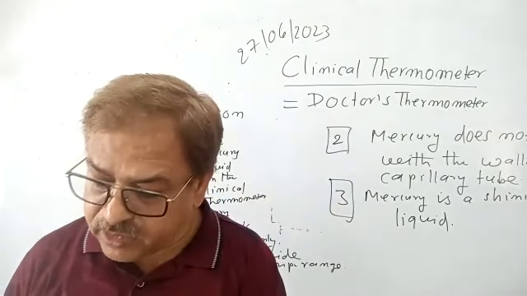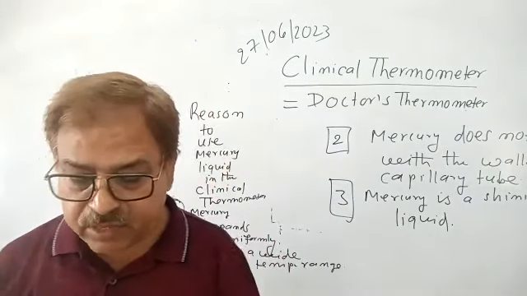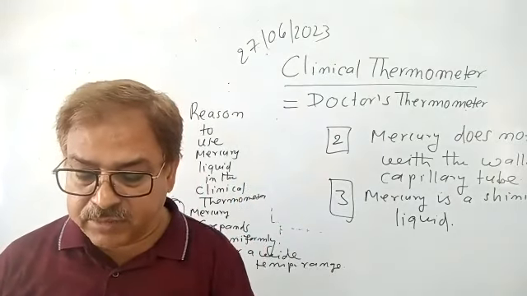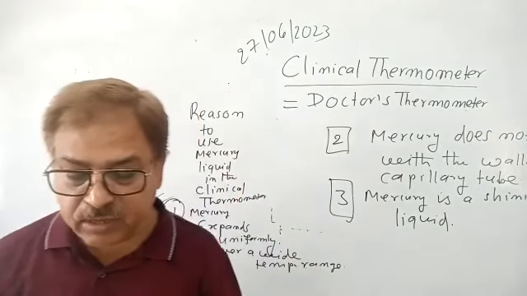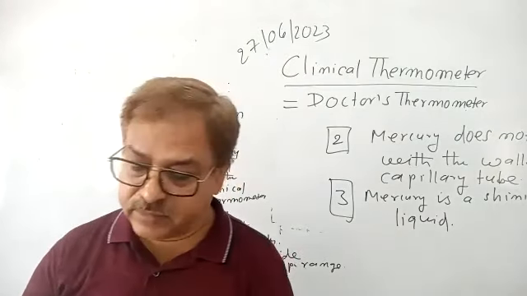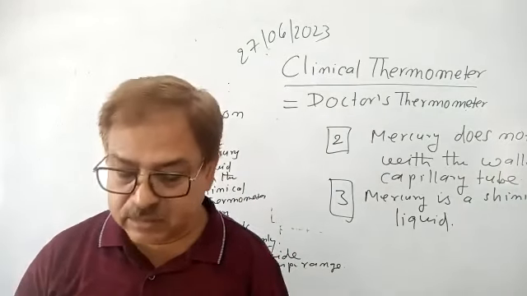The jerk will bring the level of the mercury below 35 degrees Celsius. Now the thermometer is placed gently under the tongue of the person being observed, and let it remain there for about 1 minute. Then take out the thermometer and note the reading.